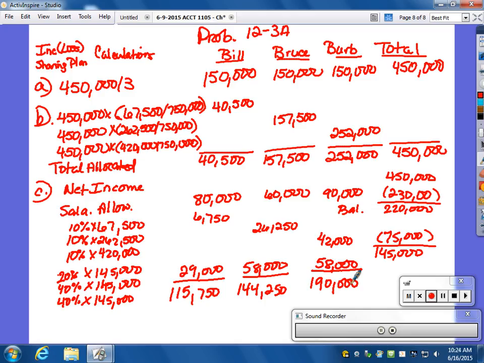But doing a statement of partners equity, do you have that in your book? Did you do this part of the problem? No. Did anybody do this part of the problem? Okay.